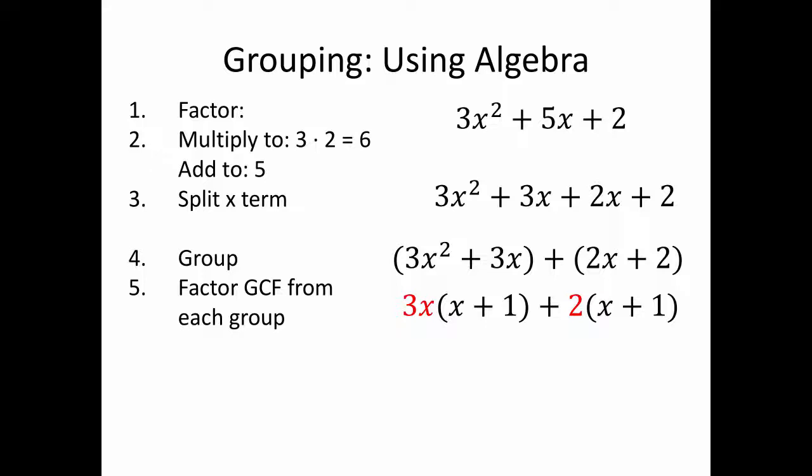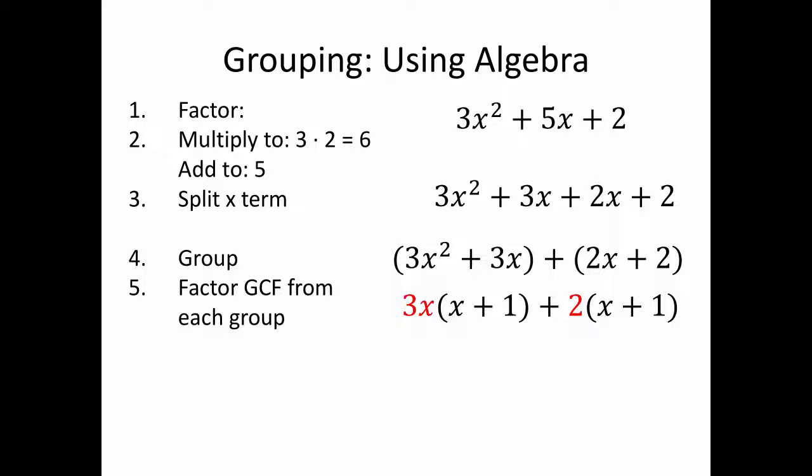So we'll factor out that 2, and we're left with 2 times x plus 1. If factoring by grouping is possible, and if you do the greatest common factor factoring correctly, the two binomial terms will be exactly the same. If they're not the same, then either this can't be factored or you might have made a mistake.